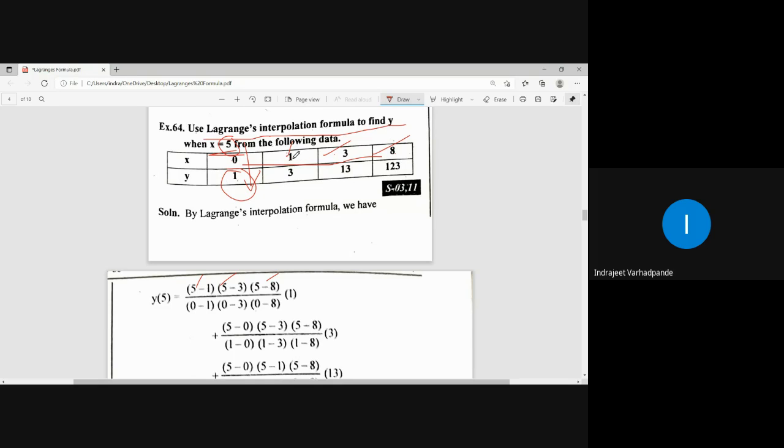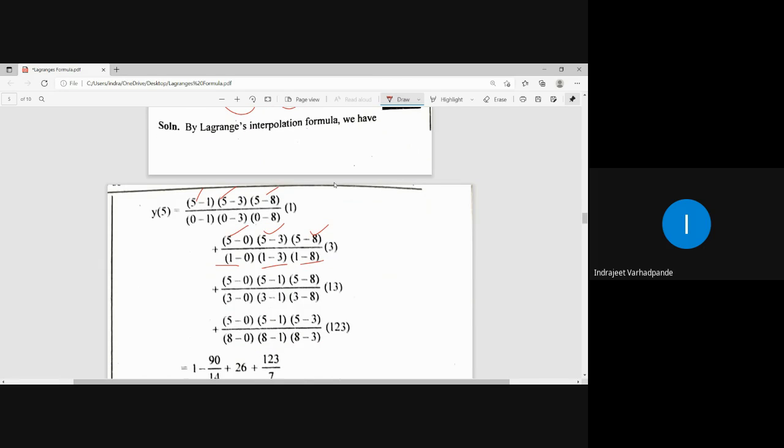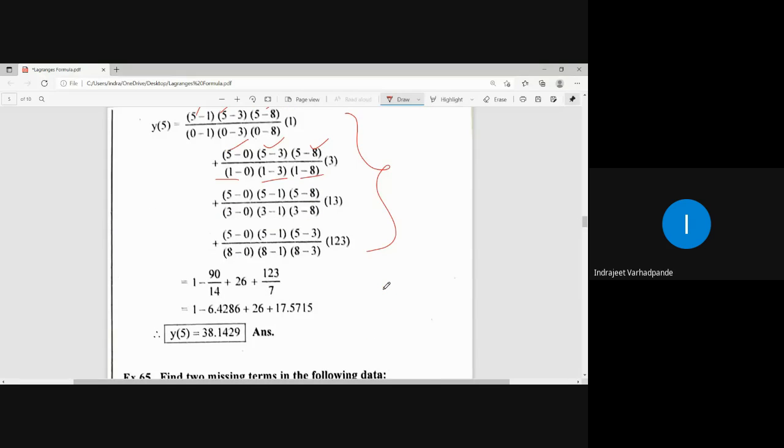When it is written for 1, it will be 5 minus 0, 5 minus 3, 5 minus 8 replaced in the denominator by 1 minus 0, 1 minus 3, 1 minus 8 multiplied by the functional value 3.